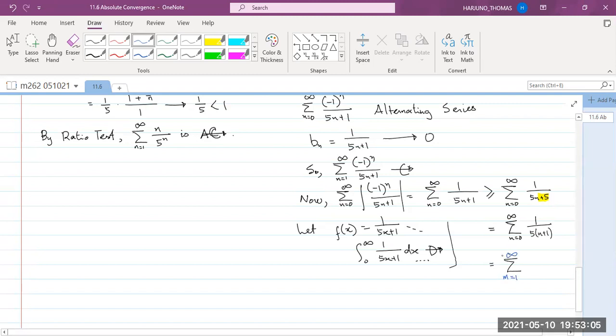You see that? Let's start from 1 over 5m. Now this is equal to 1/5 of a harmonic series.